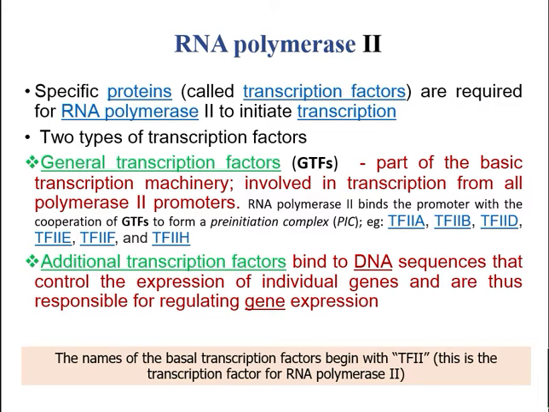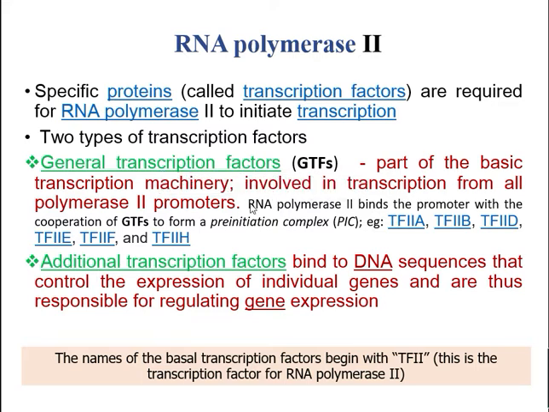So for all genes these are required. Whereas the additional transcription factors are customized and different for different genes. They bind to DNA sequences that control the expression of individual genes and are thus responsible for regulating gene expression. So they are different for different genes, customized, whereas general transcription factors are global.